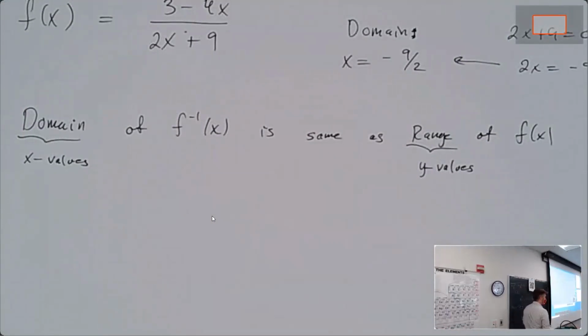Not invertible because it fails the horizontal line test. And really the idea here is that a function isn't invertible if when you switch x and y, it's no longer a function. Right? If we interchange x and y here, instead of y equals x squared, we have x equals y squared.